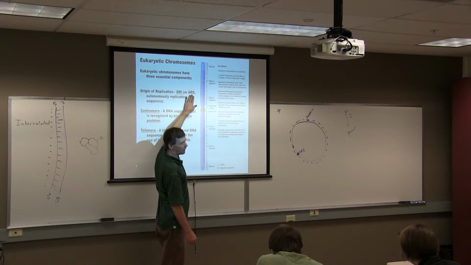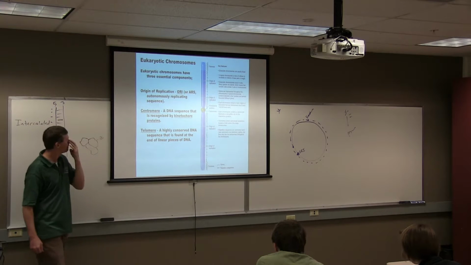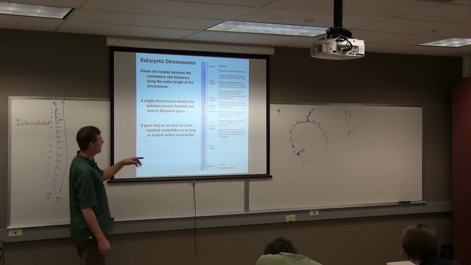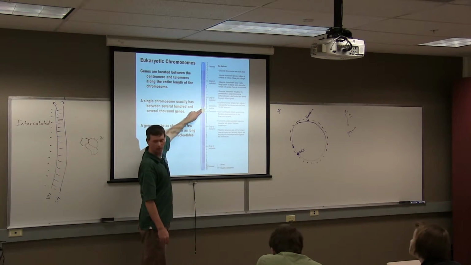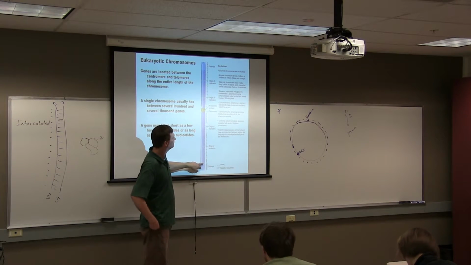In yeast, we call it an ARS, autonomously replicating sequence. Genes are located in between these structures. You can't have genes in the centromere, they won't get expressed. You can't have genes in the telomere, they won't get expressed.